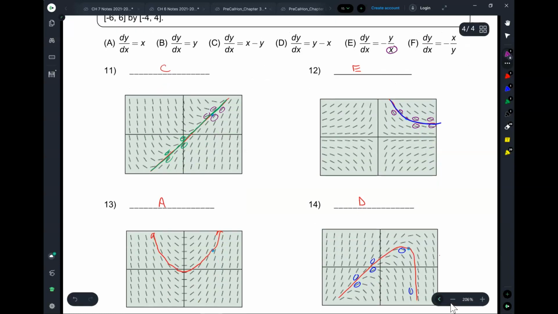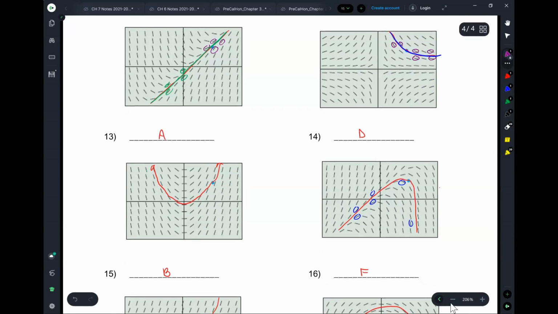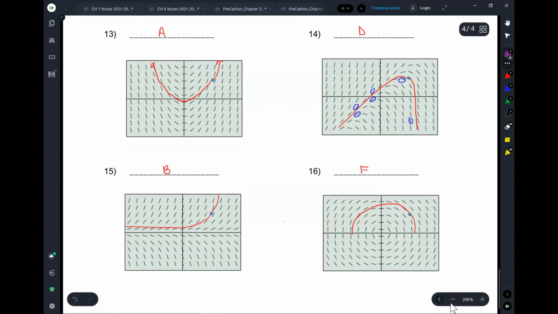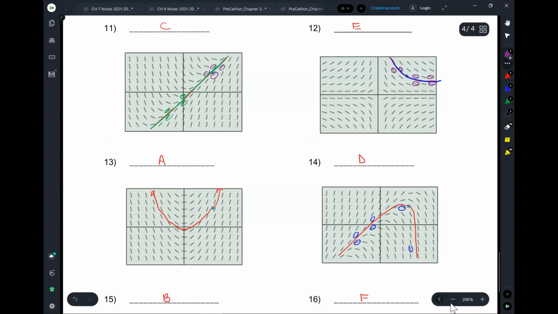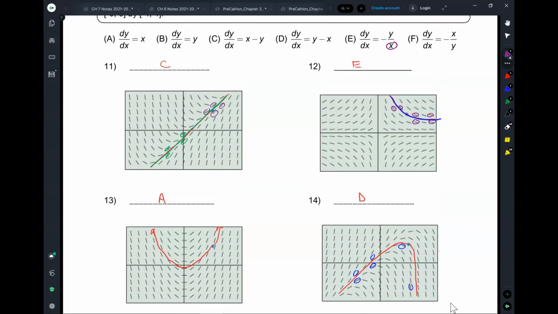C doesn't have a vertical slope along the y-axis. Neither does 11, 13, or 14. The only one that clearly has a vertical slope along the y-axis is number 12, because as you go closer and closer, these slopes are just going to be vertical lines, right? So that's why this one is E, okay?